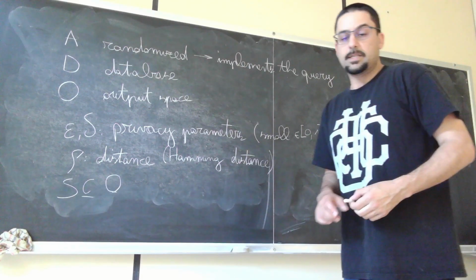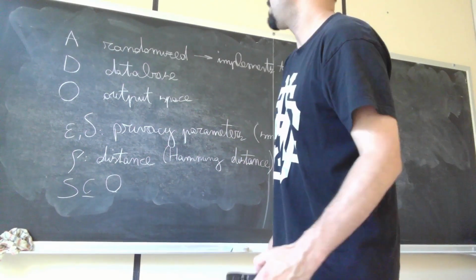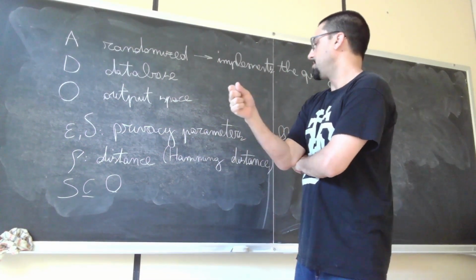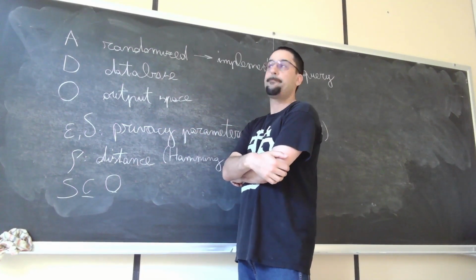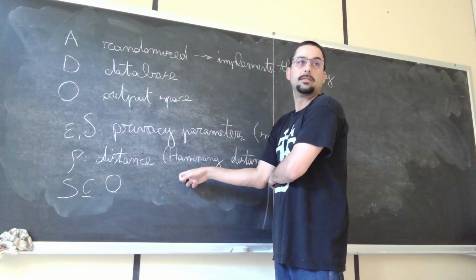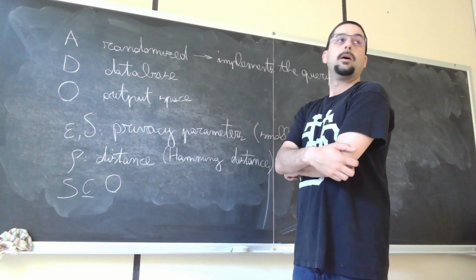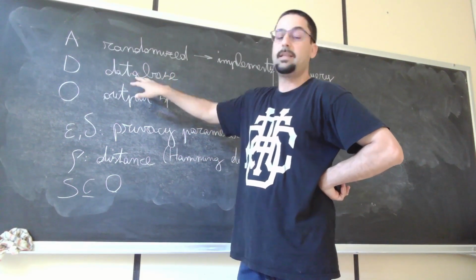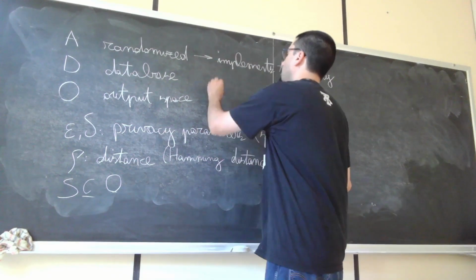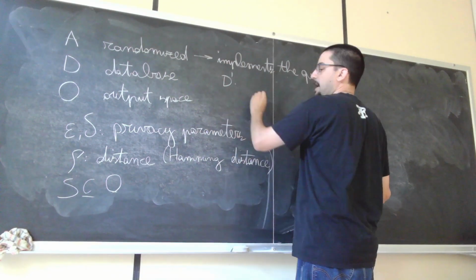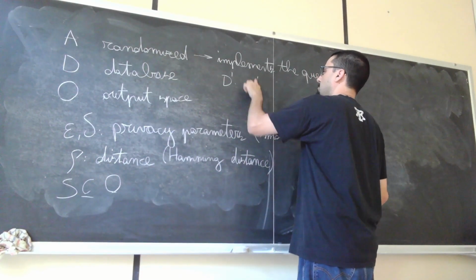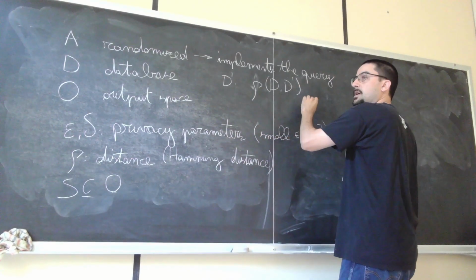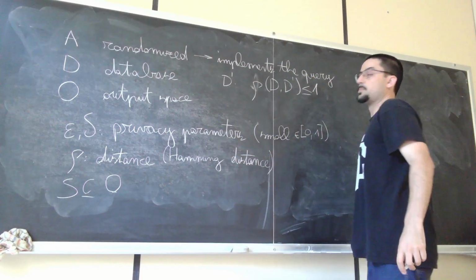So the definition, you can see it here on the slide: our randomized algorithm A is differentially private with privacy parameters epsilon and delta, with respect to the Hamming distance in our case, with the metric rho, on a particular database D, if for any database D prime such that the Hamming distance rho between D and D prime is smaller than or equal to 1.